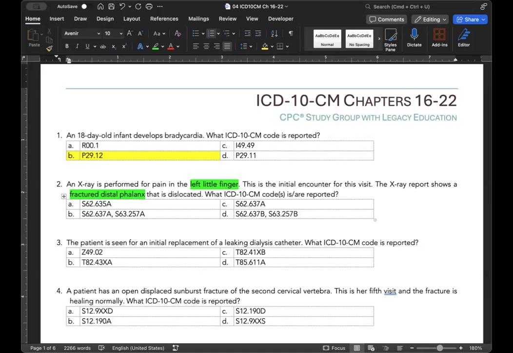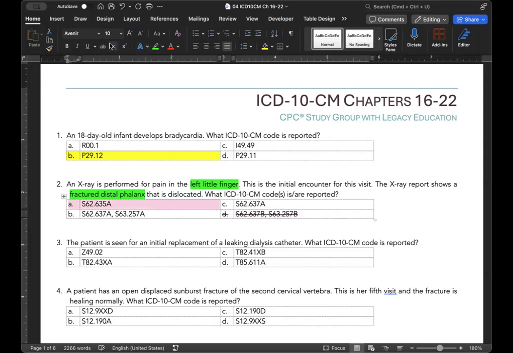So good. Okay. So yes, it is, Jennifer, if they do not specify open, then we can assume that it is closed. So it is going to be seventh character A for initial encounter for a closed fracture.